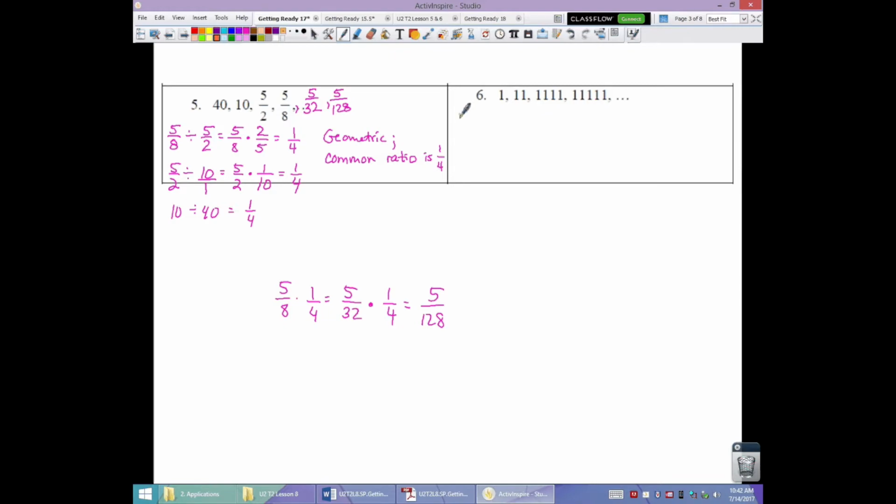To check geometric, 11,111 divided by 1,111 would be approximately 10.0. Now, 1,111 divided by 11 is 101.